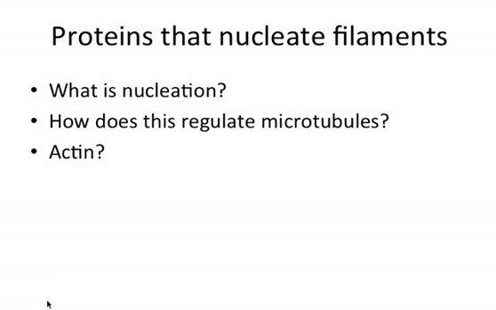Okay, so the first category of proteins that we're going to talk about are proteins that nucleate filaments. So what does that mean to nucleate a filament? I'm going to do a dance until someone tells me something. Remember we talked about nucleation. Yes? Bring the initial subunits together.